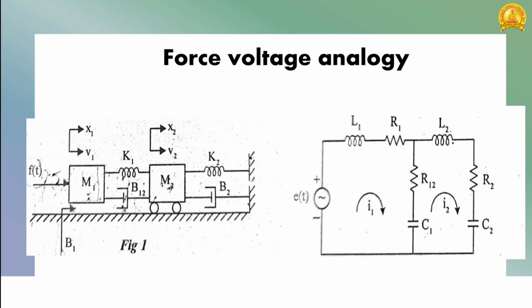Logically thinking, we can know that the elements which are having the same current in an electrical system are in series. So you represent the analogous components of M1 and B1 in the electrical system. Which is the analogous component of mass? Inductor. Similarly, the analogous component of dashpot is resistor.